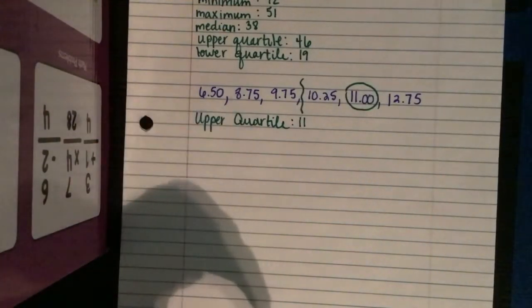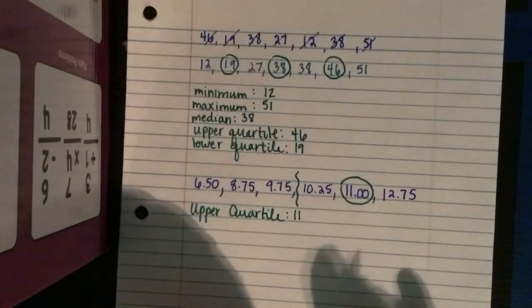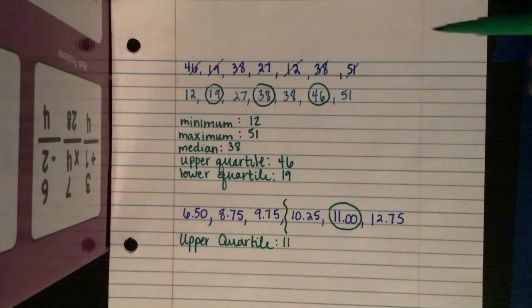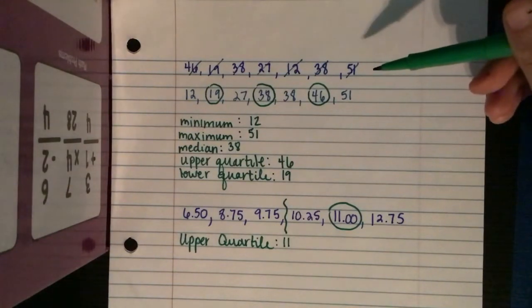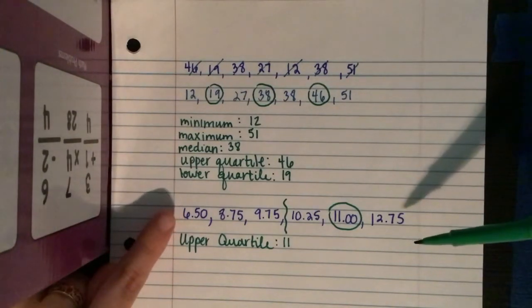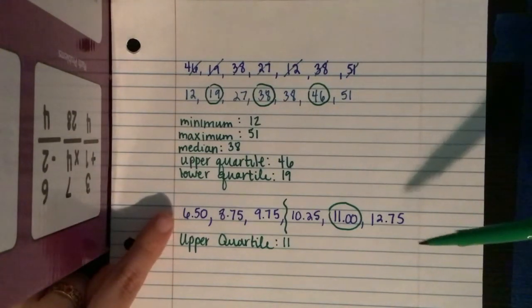Now let's go back to the top one for a minute. So if I were to have this problem and it were to have asked what is the upper quartile for this one, well, here we counted to see how many numbers were in our data and we split it in half.